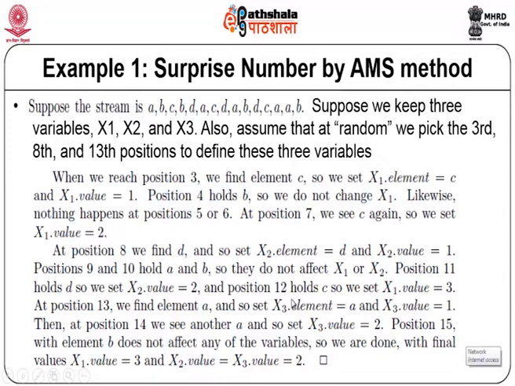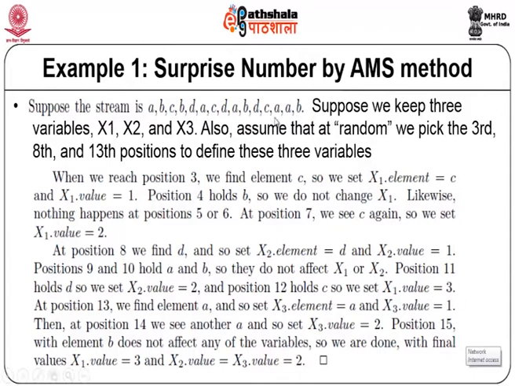Then at position 12 we encounter an element c. Already we have encountered c twice. Since we are encountering c once again, the x1 dot value will be incremented by 1 and the new x1 dot value will be equal to 3.